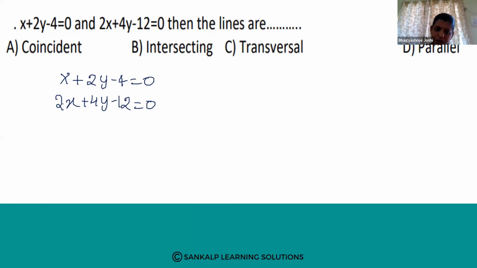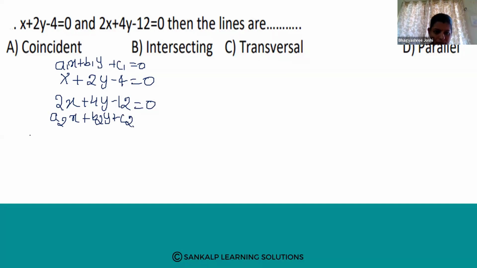So for that, we need to check the ratios, right? When you compare the ratios, you will get the result. So here this is a1x plus b1y plus c1 is equal to 0 and this is a2x plus b2y plus c2 is equal to 0.